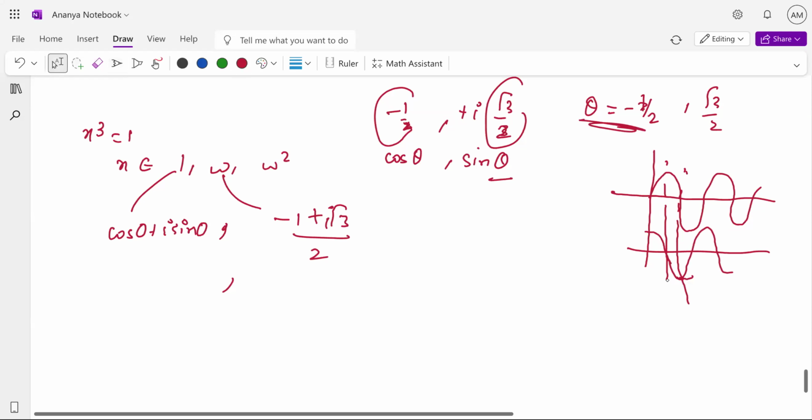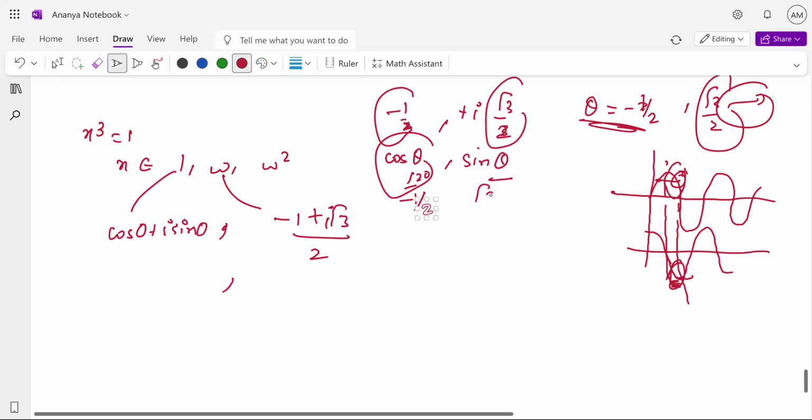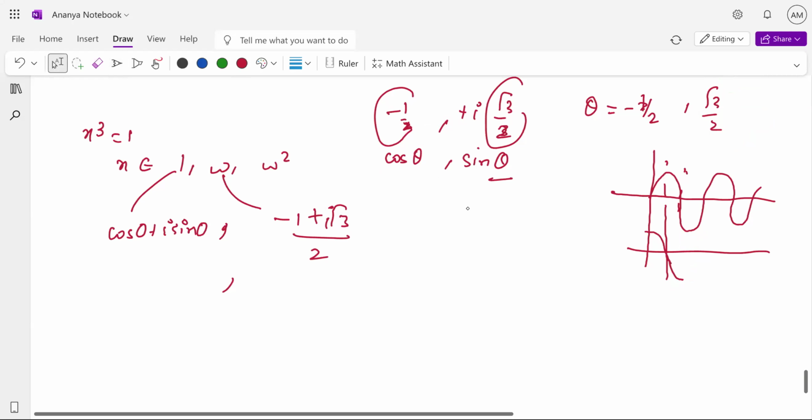So cos is negative in this region and positive in this one. If I get the value at 60, in front of it is 120. So if theta is 120 degrees, I'll get cos as minus 1 by 2 and sine as root 3 by 2.